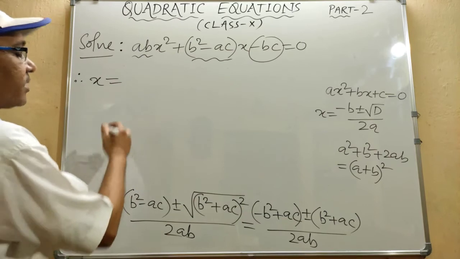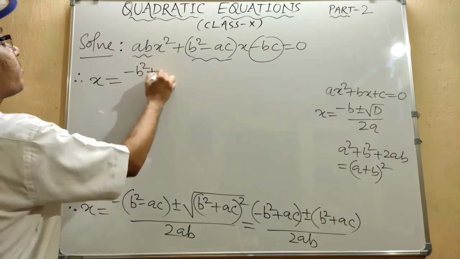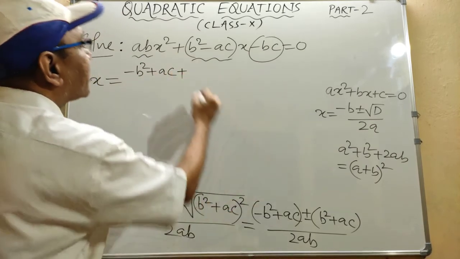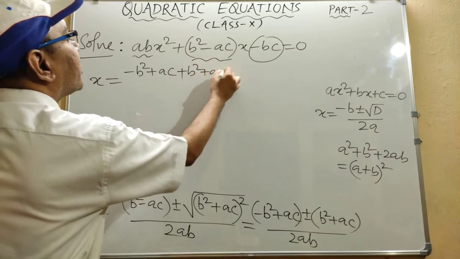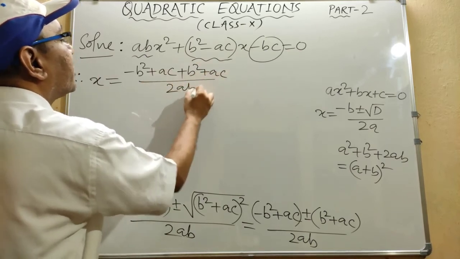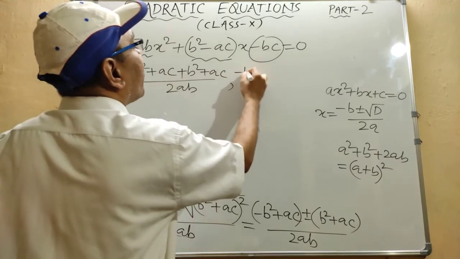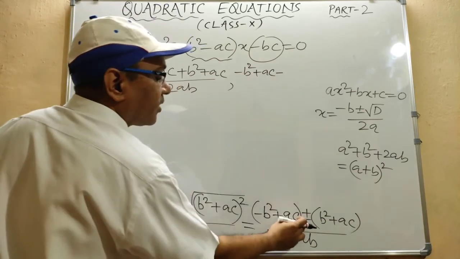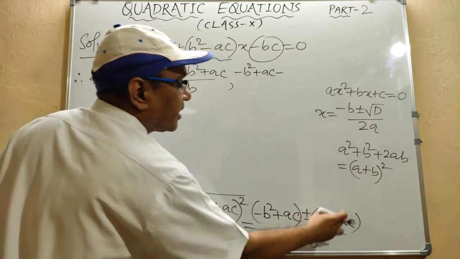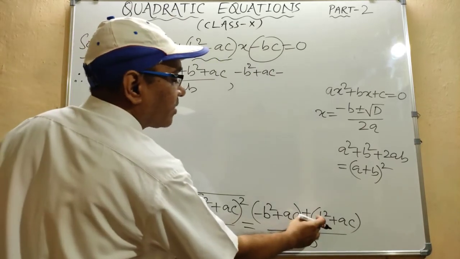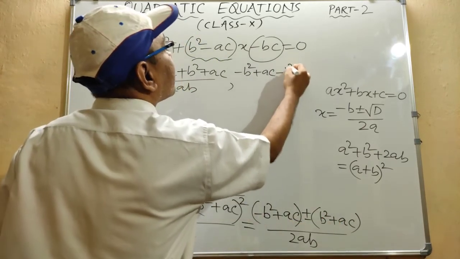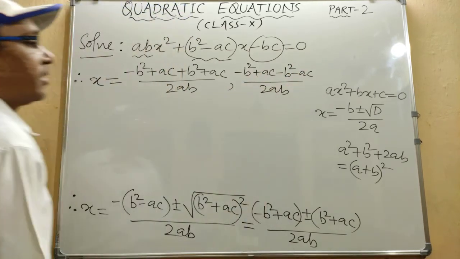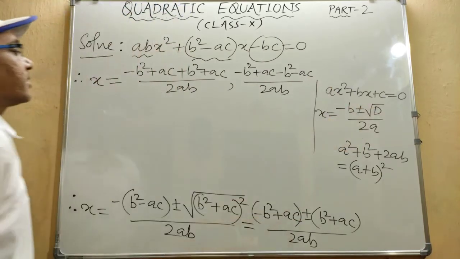So first of all take plus sign, minus b square minus ac plus b square plus ac, by 2ab, and second root will be minus b square minus ac, then take minus sign. If you take minus sign, sign inside the bracket will change, this will become minus b square minus ac, minus b square minus ac by 2ab. Understand?